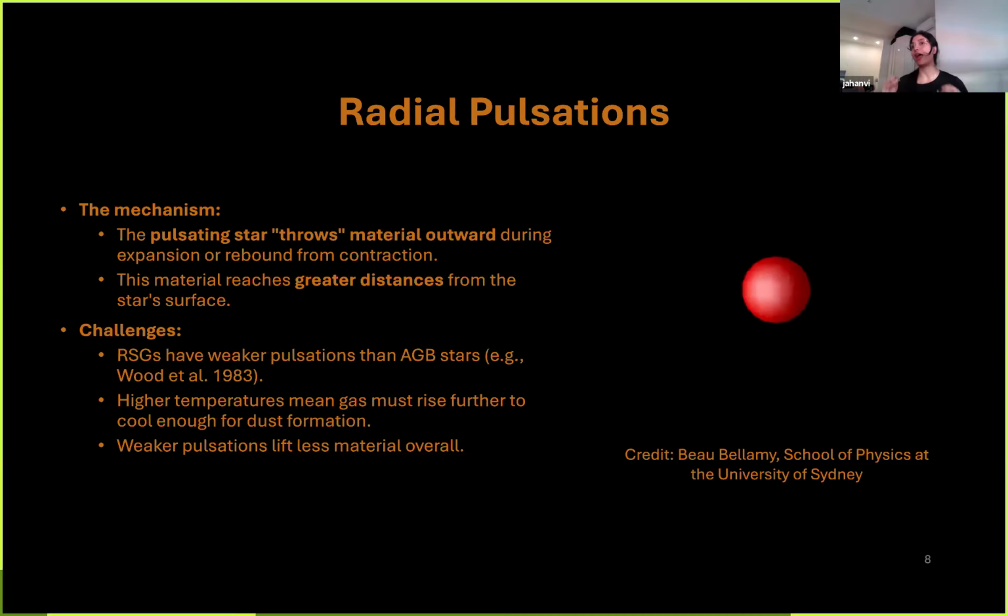Then other mechanisms, for example radiation pressure on dust, can take the material from there. But because we have the weaker pulsation, the material that is coming out of the star is already very little in comparison to what we expect from the huge mass loss in RSGs.